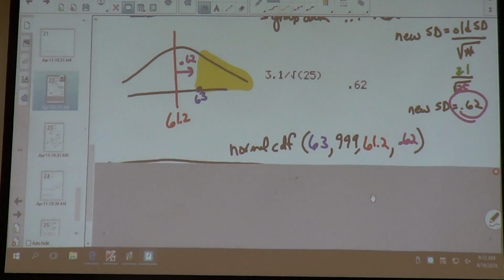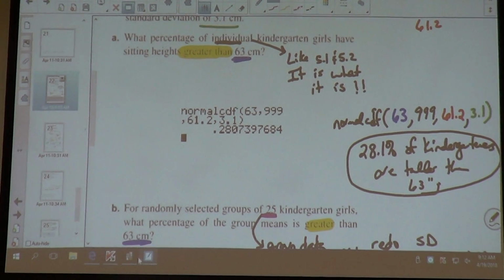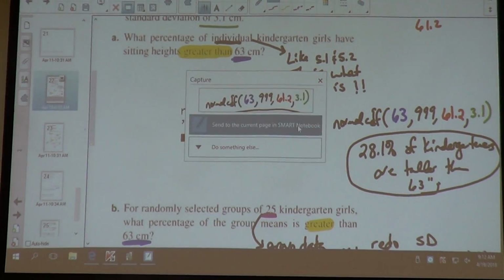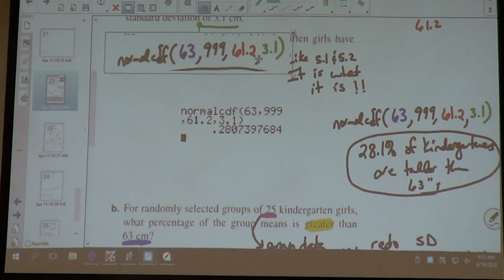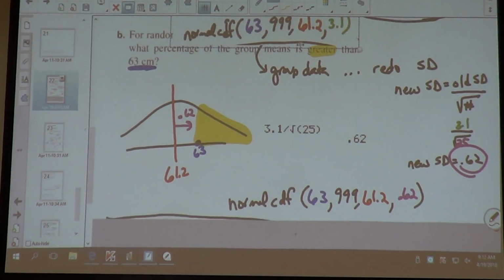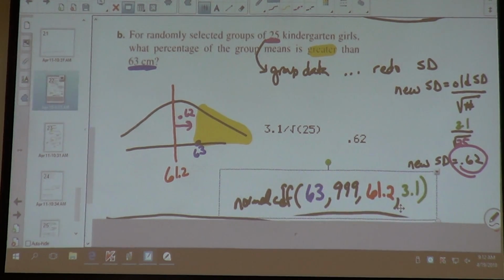Now, here's what I do. Instead of recalculating that, this is the easier way to do it. You take the part A problem and move it right down here to part B. All I did was divide this by the square root of 25.